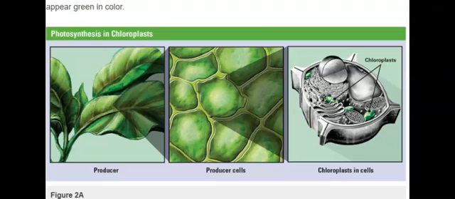Open your book to page 58. I think you'll find some good drawings in there, and draw it carefully and label it carefully. Notice the parts that are green and the parts that aren't green. Number 4, what 2 kinds of matter are needed for photosynthesis? Now we know photosynthesis needs energy, but there are 2 other molecules that photosynthesis needs.